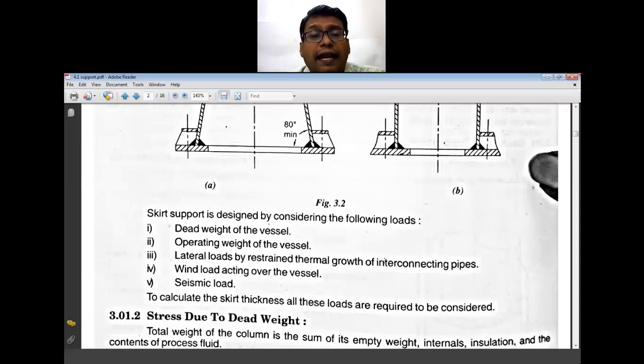Saddle supports are used in the case of horizontal vessels, and leg supports are used for small vessels.